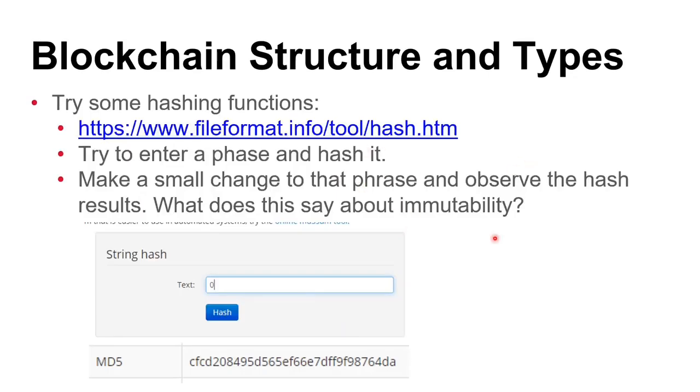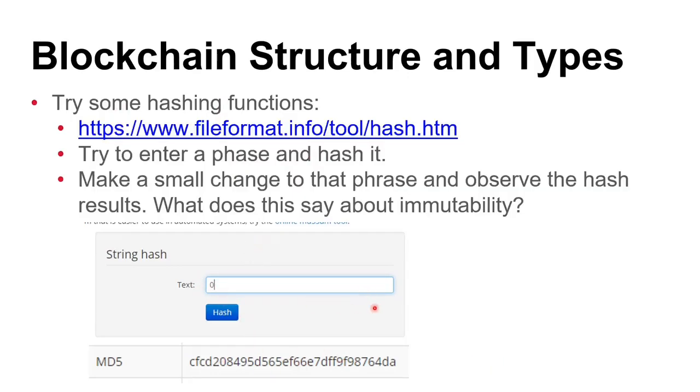If you want to go out and try some hashing, you can. Here is one website that hosts a hashing application, and there are many of these. You can just search. This is just one example. You can input a string, click the hash, and you can see the output of the hash.